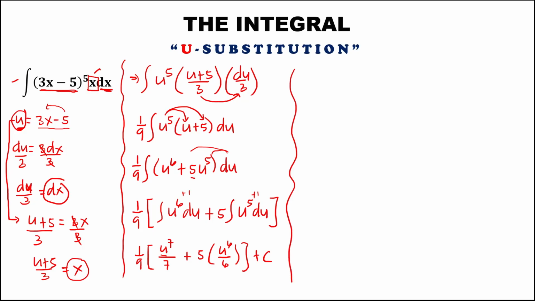Then simplify. So replace now u by this value. So u is equal to 3x minus 5.